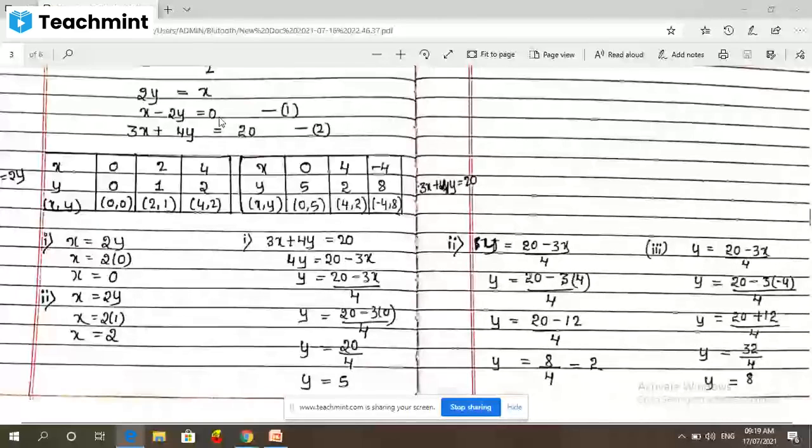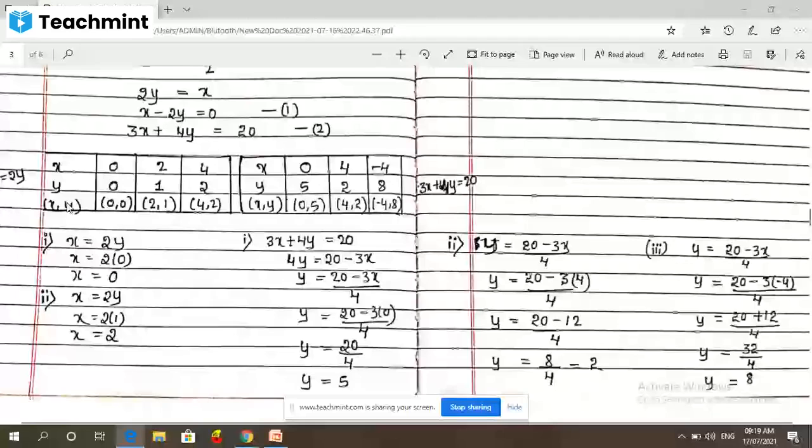Now prepare a table like this. In the table, we have the x value, the y value, and together the coordinates x comma y. Here x is equal to 2y.